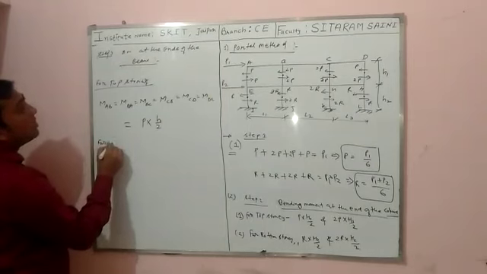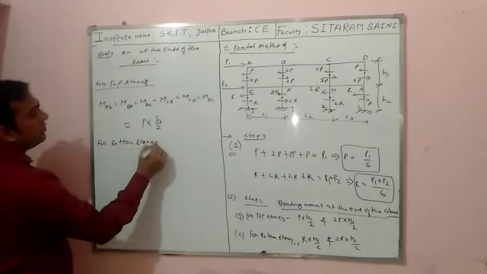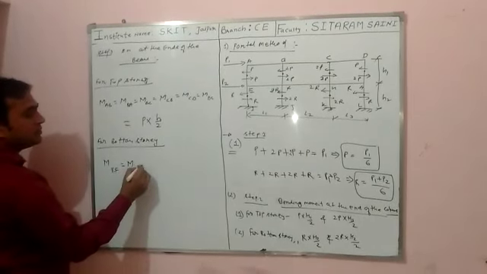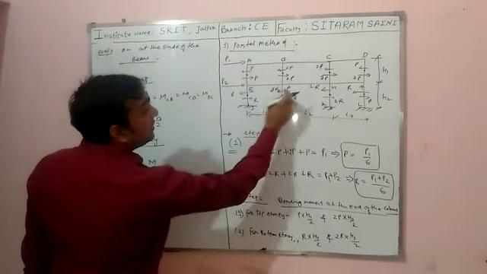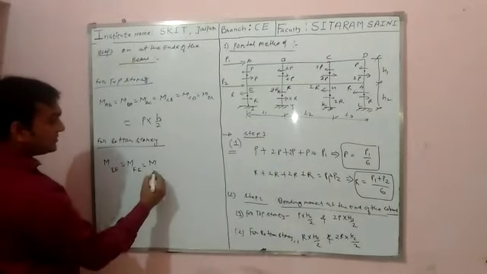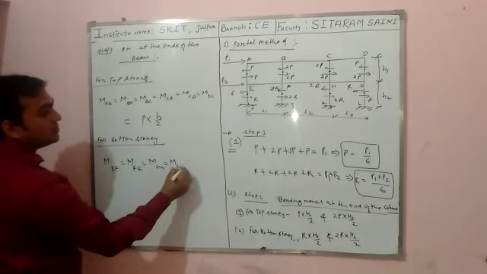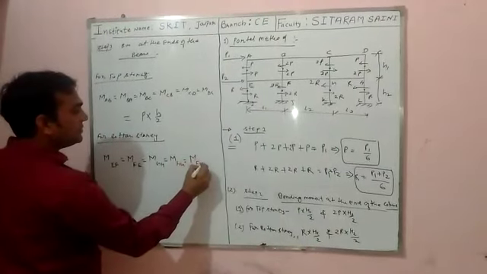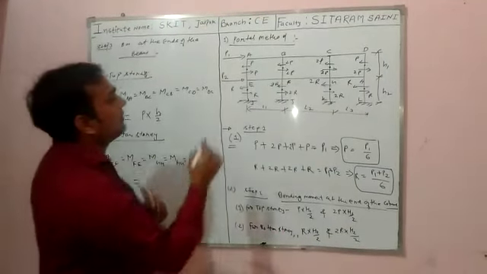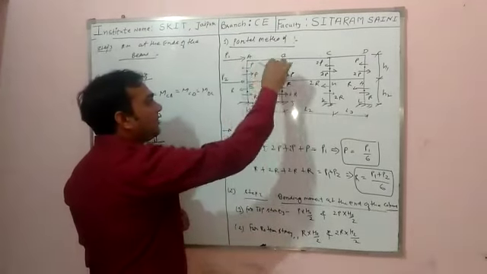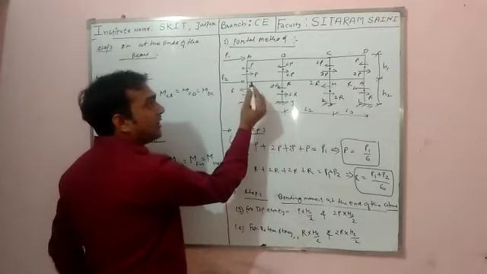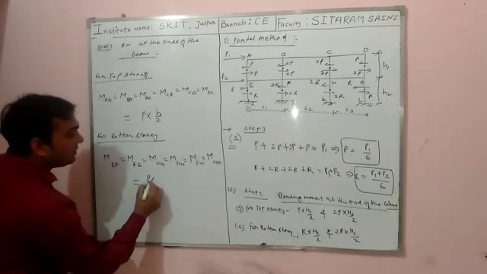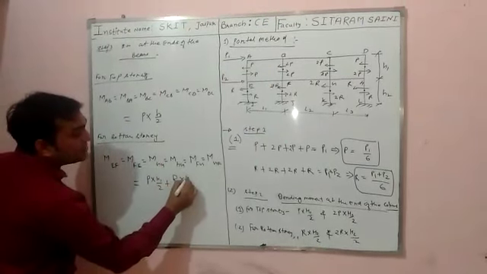Now for the bottom story, moment MEF is equal to MFE is equal to MFG is equal to MGF, and so on. See, at the end of this column we need the moment here, so we take P into H by 2 in the clockwise direction, and next again R into H by 2 in the clockwise direction, that is why P into H1 by 2 plus R into H2 by 2.